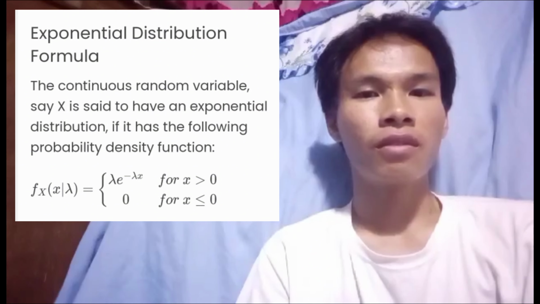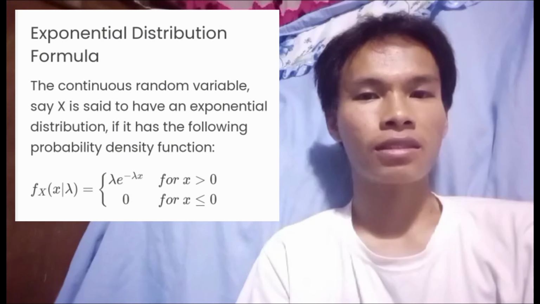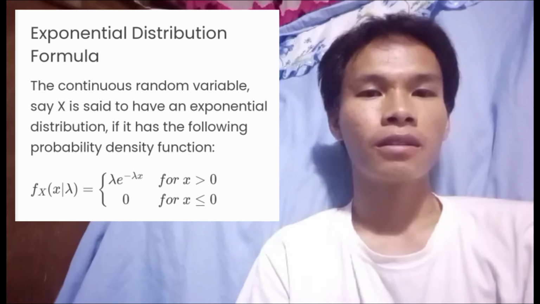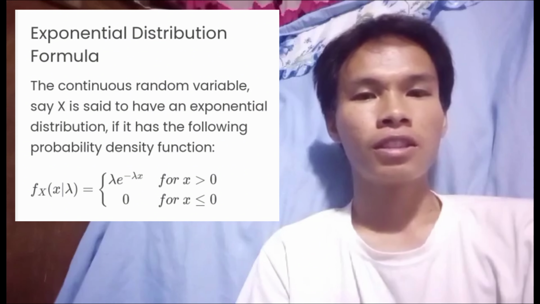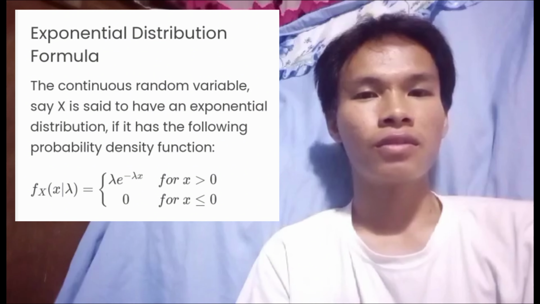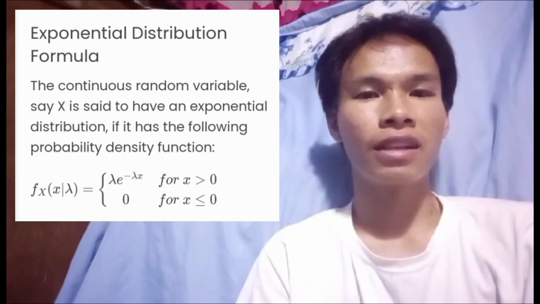So e to the power of negative lambda x is how you'd say it. For x greater than or equal to 0 and 0 otherwise specifies the range of x for which the formula is valid.